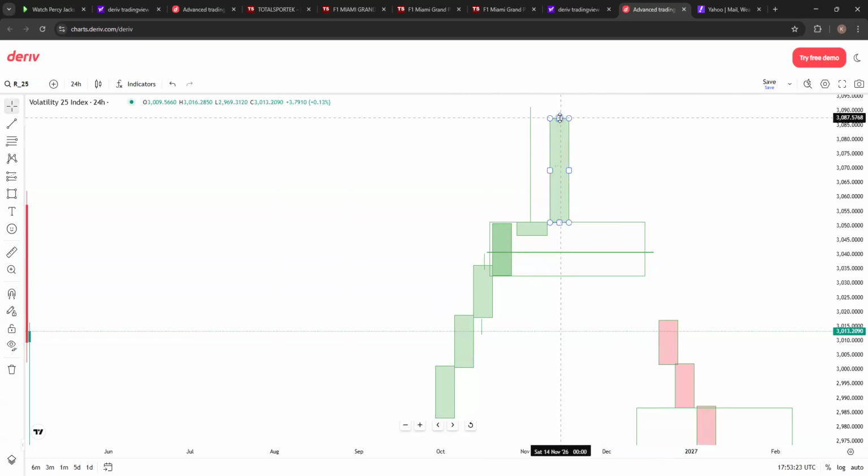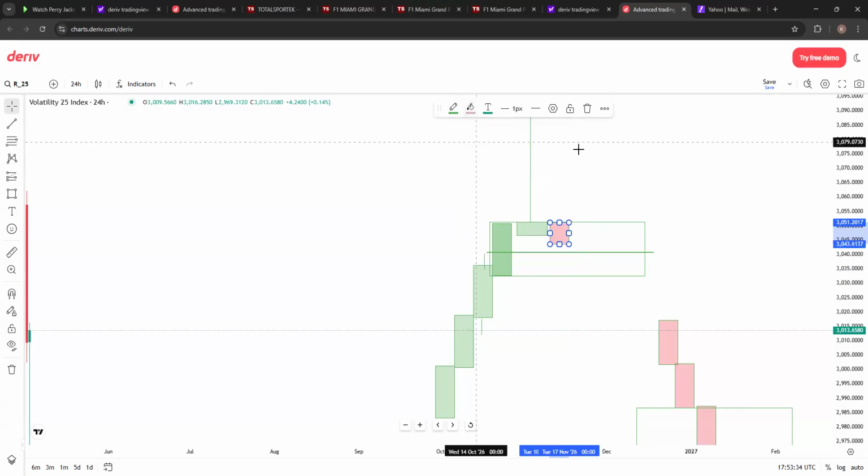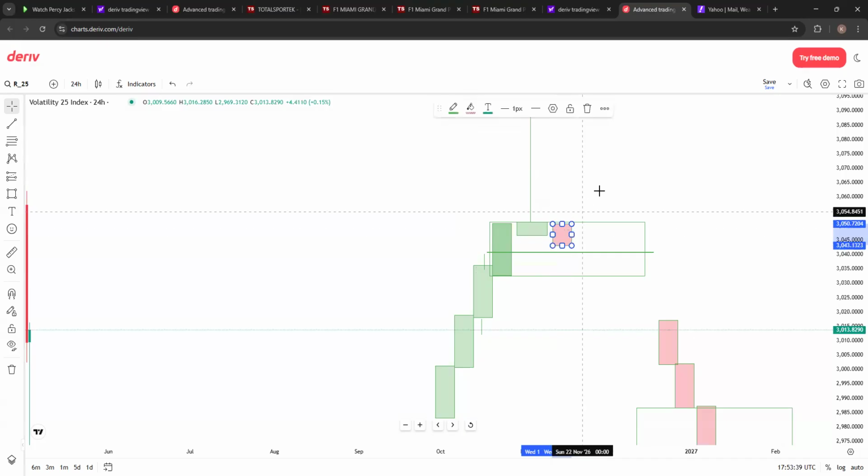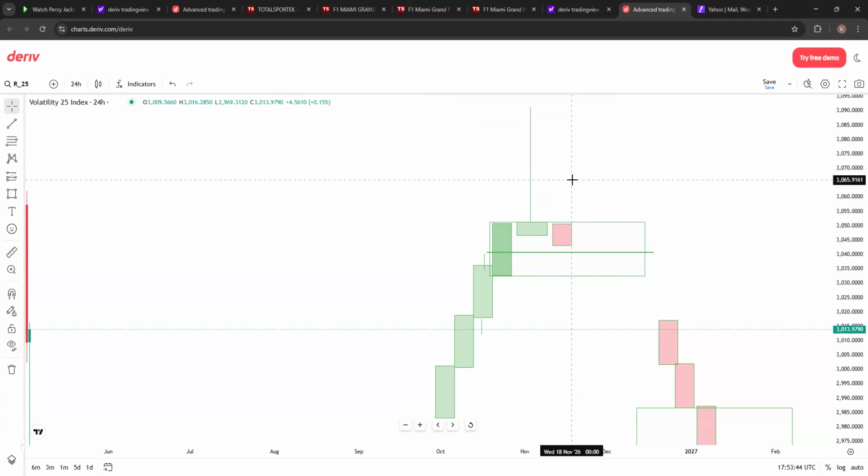And once I put 50% of that box, I'm going to have two entries, since I'm expecting price to come and close below this box, right? My first entry is, when price comes and just taps on the 50%, I would want to put what we call an aggressive entry.